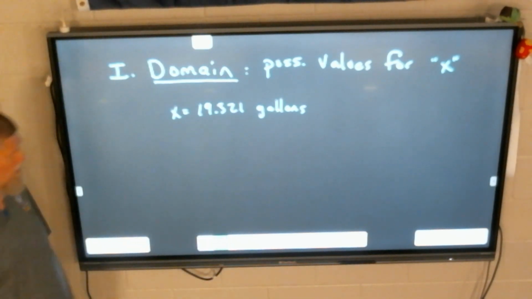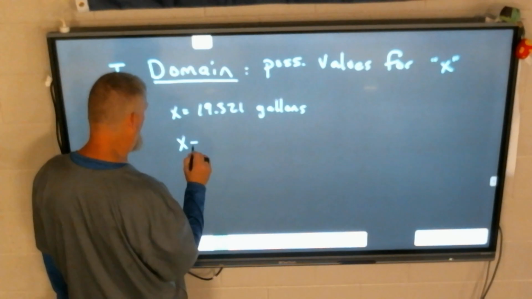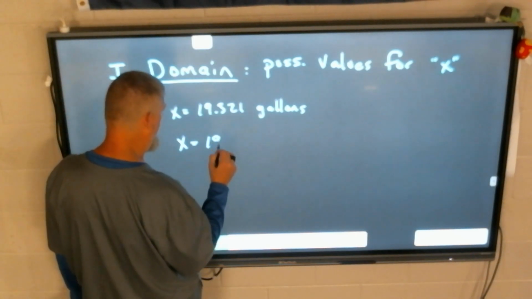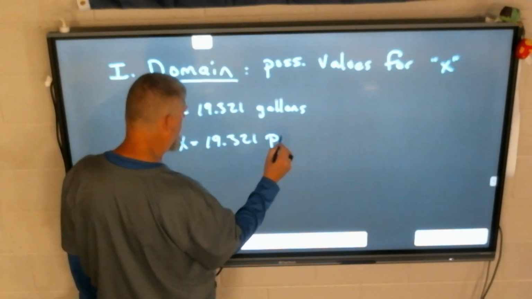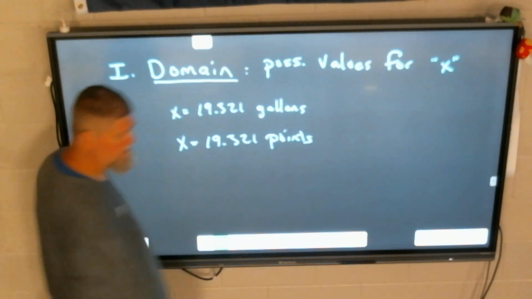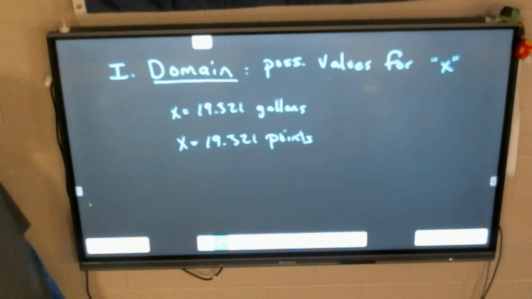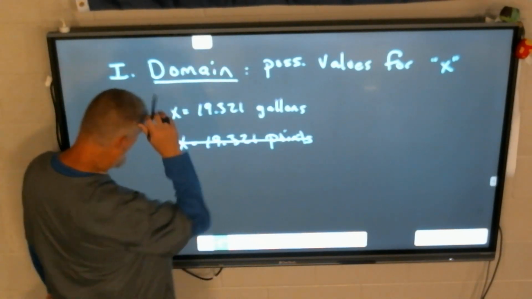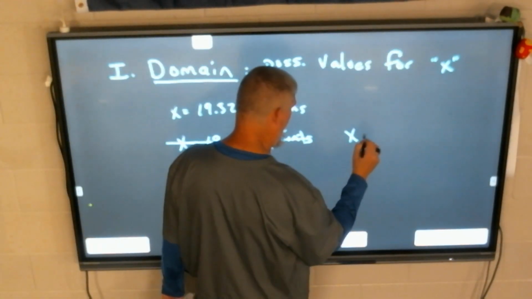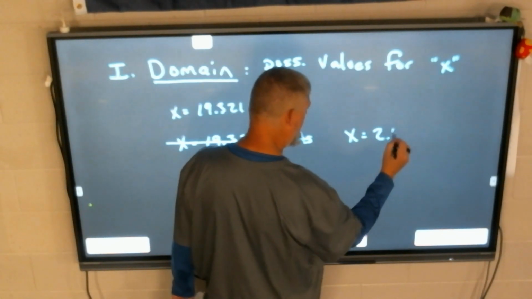When you play basketball, can you make a shot that's worth 19.321 points? No. How about in basketball, can I shoot something and make 2.4 points?